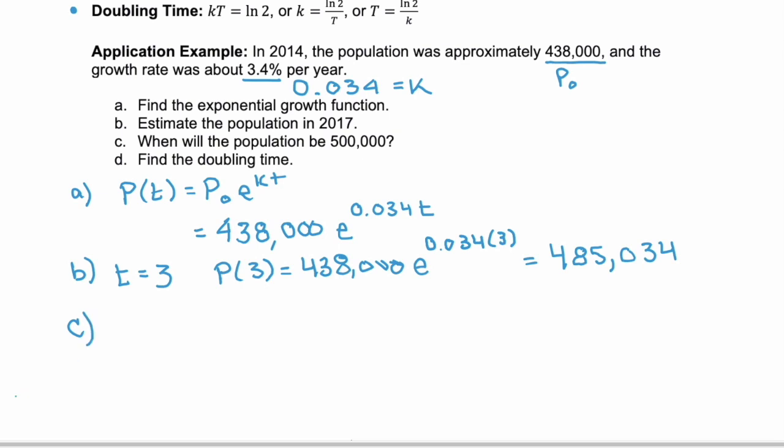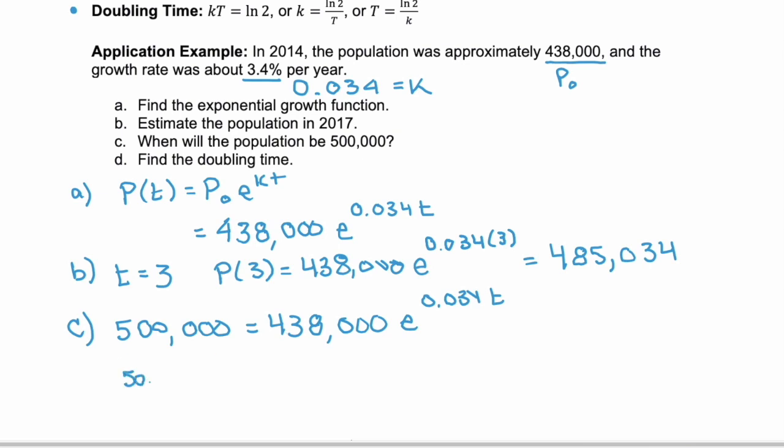Part C, when will the population be 500,000? Well, we need to solve 500,000 equals our given equation, and we're trying to solve for t. So first we need to divide both sides by 438,000.